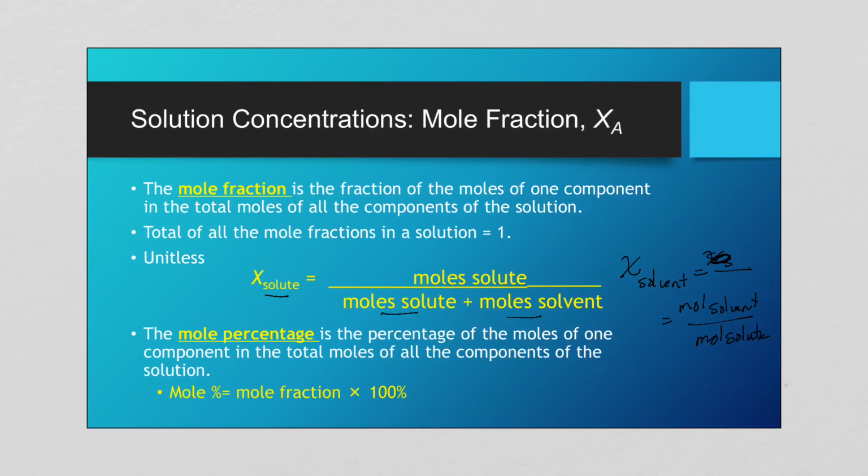And of course, if we add those together, the fractions of all the components must equal 1. There are no units here, it's just numbers. Now, mole percentage, which is a related unit, is simply the mole fraction times 100. It's taking the mole fraction and expressing it as a percentage, very much the same unit, just expressed as a percentage instead of a fraction.